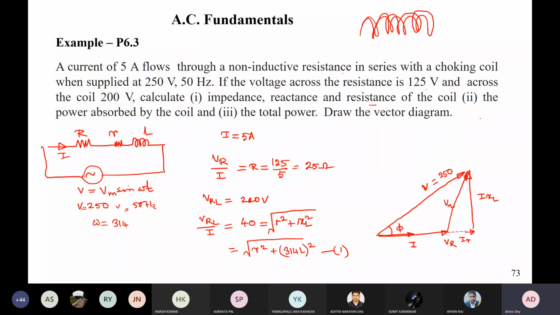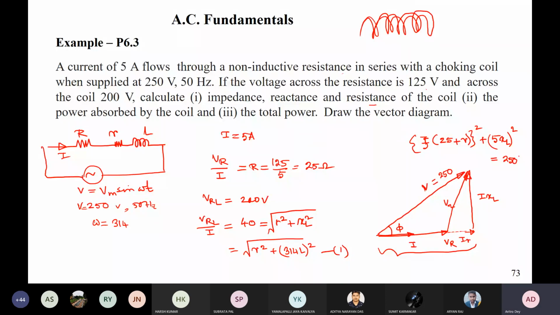Otherwise, we can create one more equation: I into (25 plus small r). We know I equal to 5, so that is the total resistive drop. And another is 5 into XL. So that whole square plus (5 into XL) square is equal to 250 square.